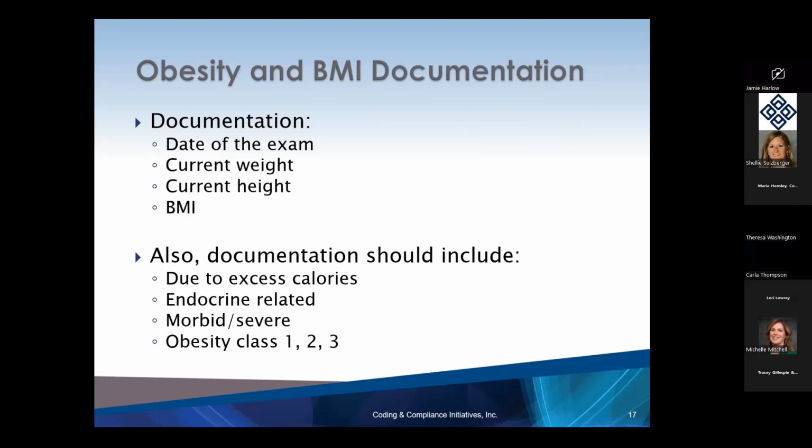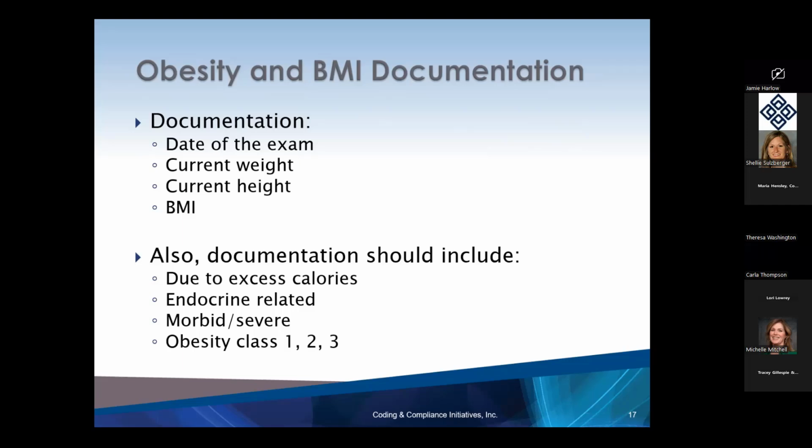We know that individuals who have obesity issues are at an increased risk for certain medical conditions. So again, it's going to be important to really document this information to describe the complexity of the patient. A lot of times when I do chart audits, we will find the BMI, but there's not really any detail about the type of obesity.